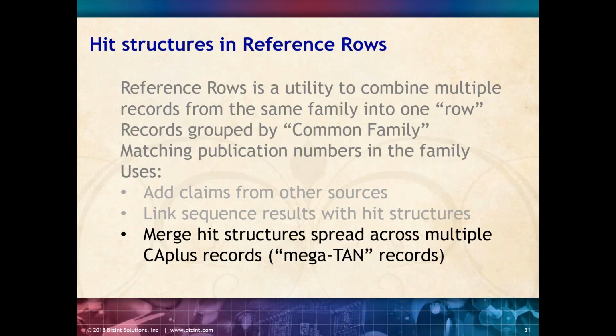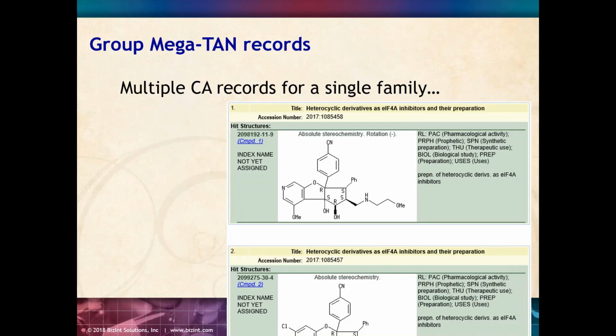Now, in the default in BizInt Smart Charts for Patents, if you export an example that hits in more than one record, in this case here we have two, you can see the accession numbers are sequential. We have two different structures that hit in the same invention, but in different records. They'll show up as separate records. So you see duplicate references in your index, for example.